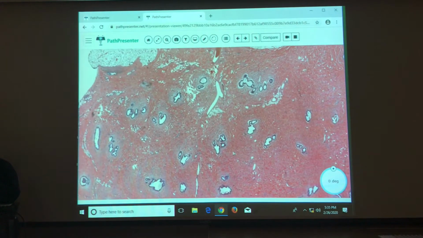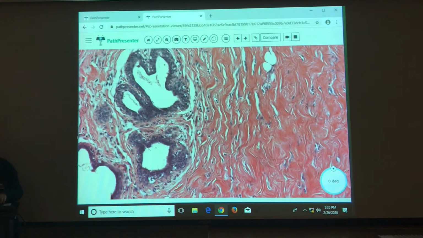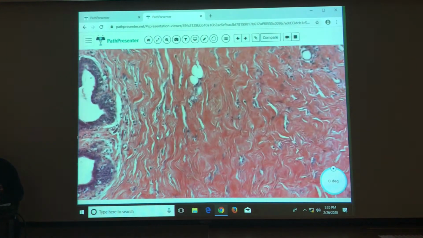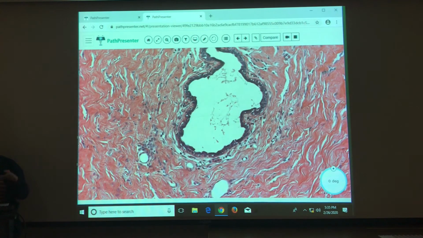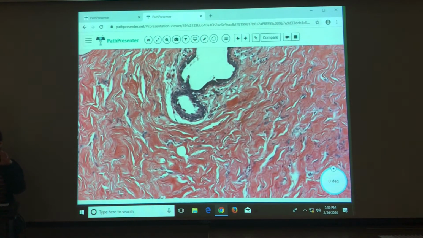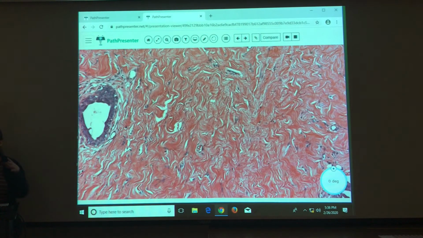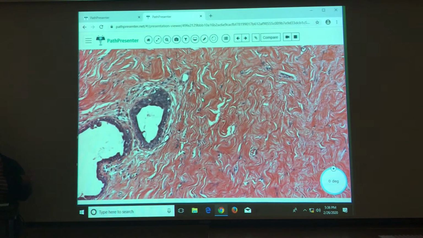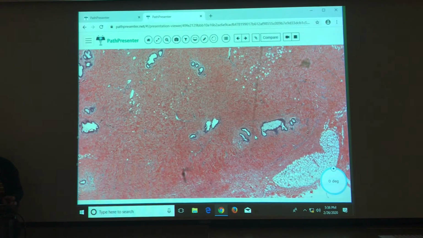What happens when they sit around is that they get more and more hyalinized, you get more of that thick collagen, and of course because it's breast tissue, they can have everything else that happens in breasts going on there. But what you're looking for is the cellularity always concentrates right around the ducts, and early on you'll have a lot of ducts and a lot of cells, and as it goes on there's less and less cells, more and more scarring basically.